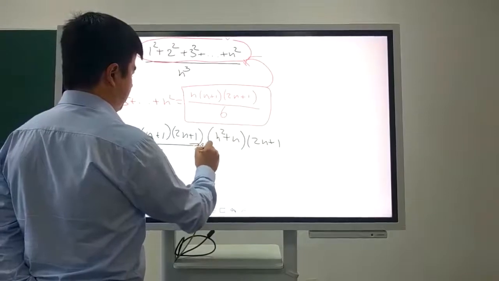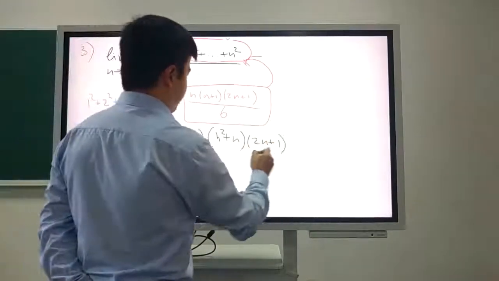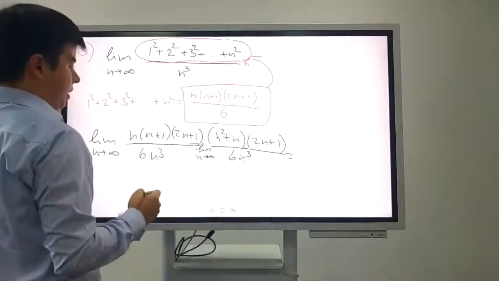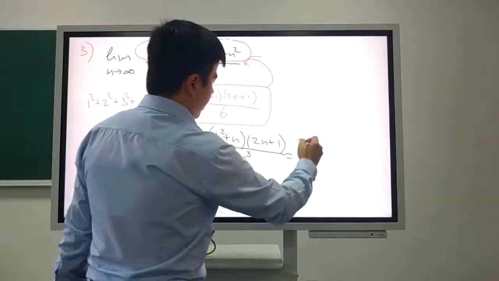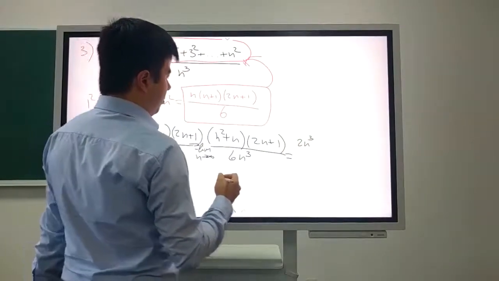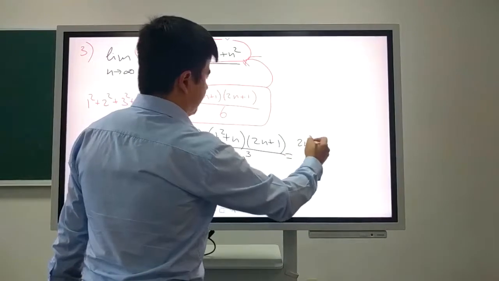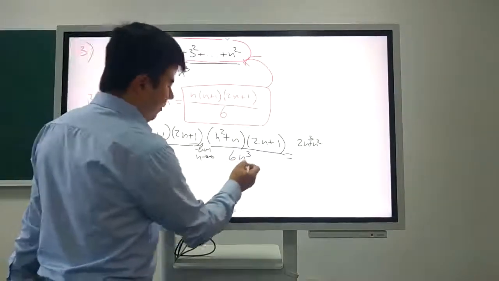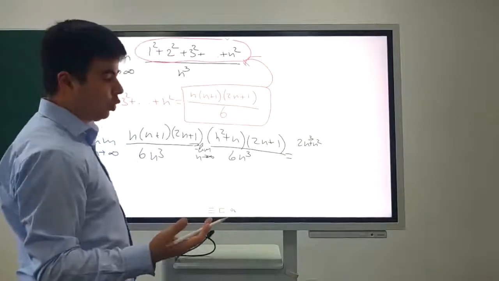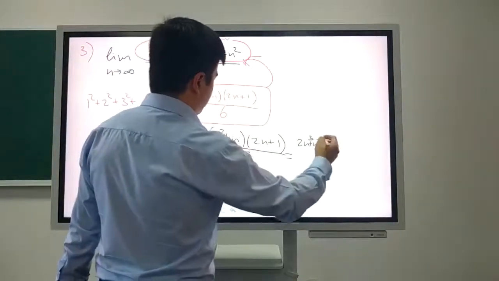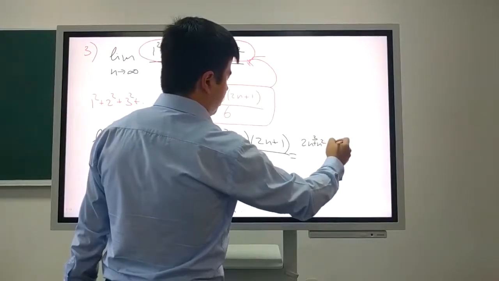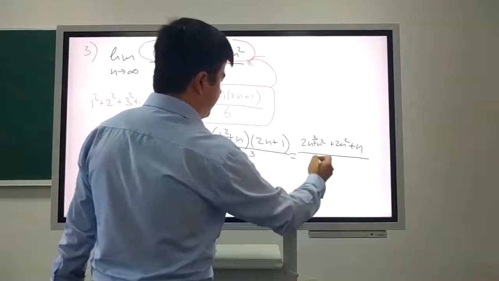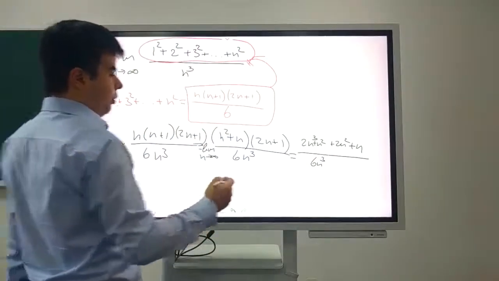Of course, here we have limit n tends to infinity, and in the denominator 6n cubed. When we open the brackets, 2n cubed plus n squared. We need just the greatest power. The other ones we don't need, because here we have n cubed, and here also the greatest power is n cubed. So let's write the other ones also: 2n squared, here 2n squared, and plus n, over 6n cubed.